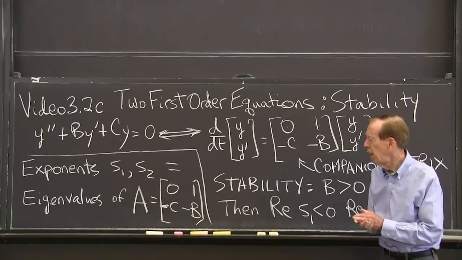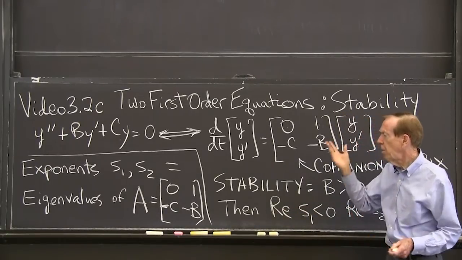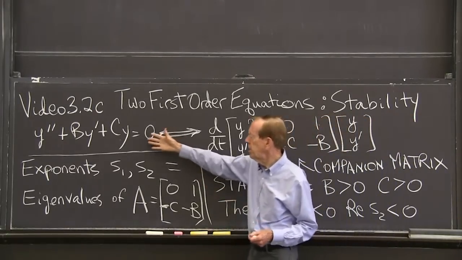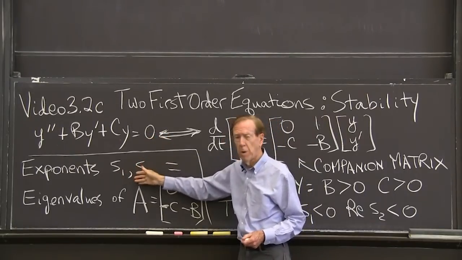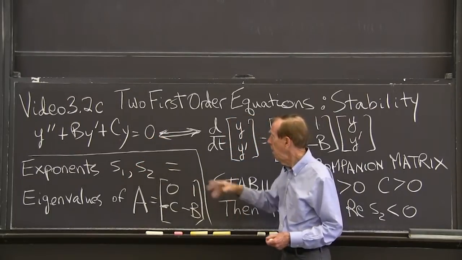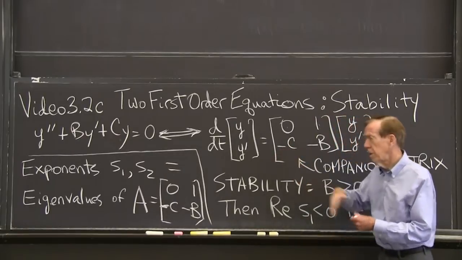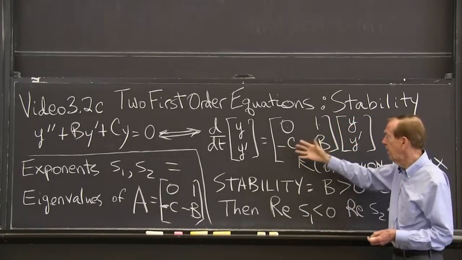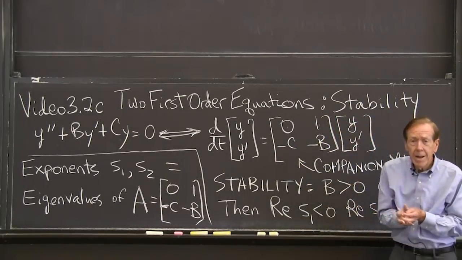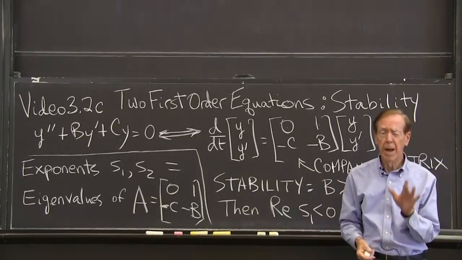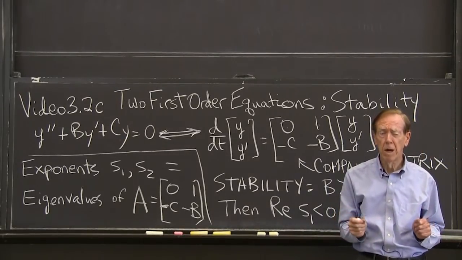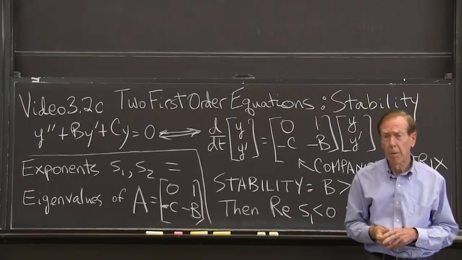So, okay. Whatever we know about this equation from the exponents, S1 and S2, we're going to have the same information out of this equation, but the language changes. And that's really the point of this video, just to tell you the change in language.